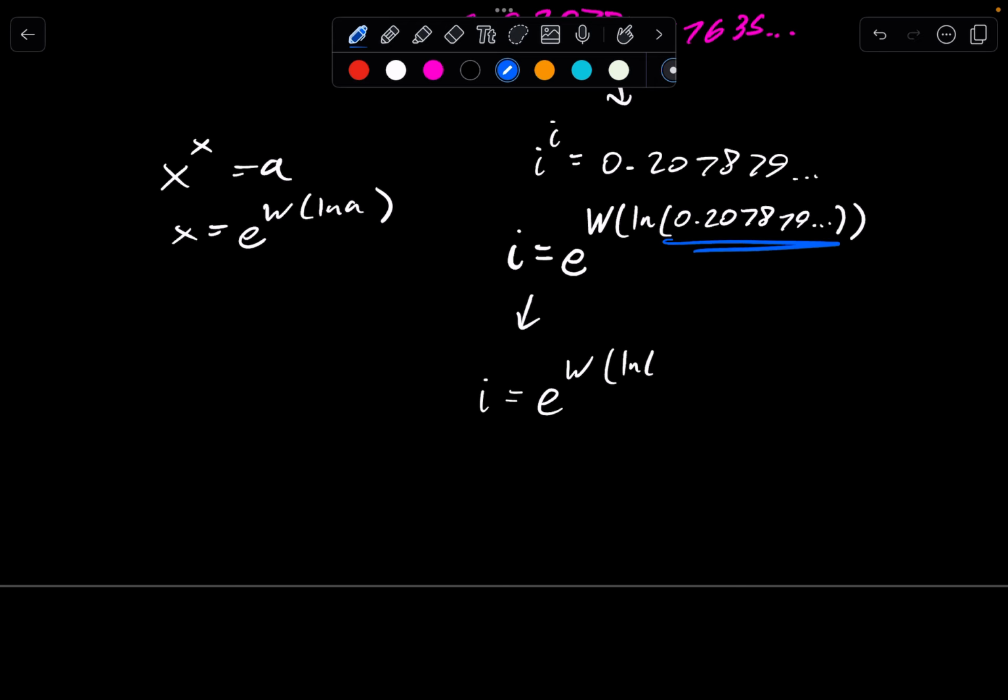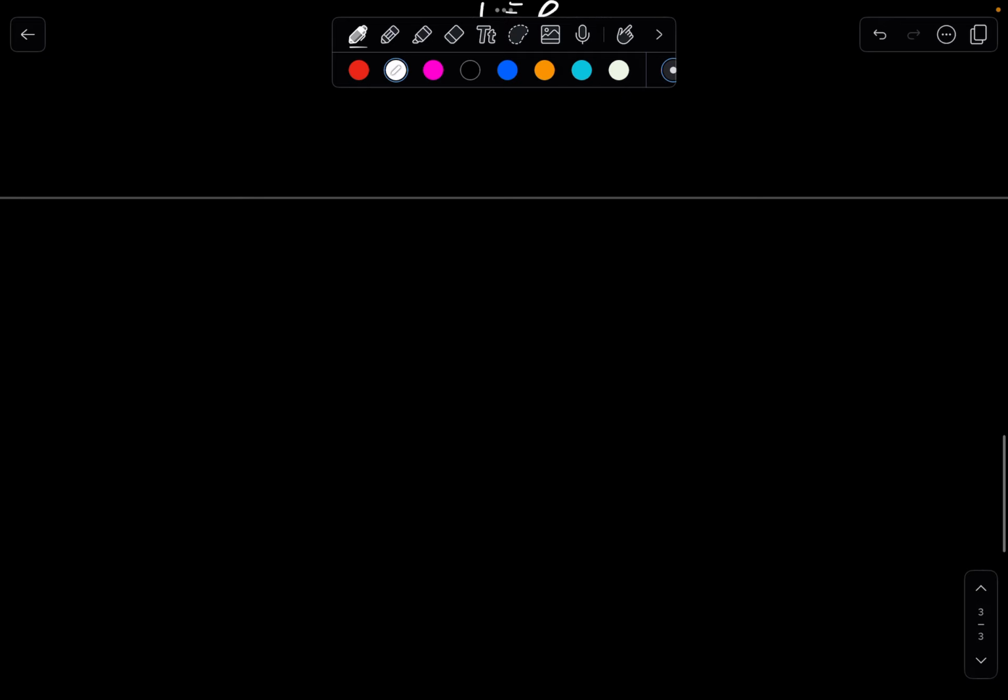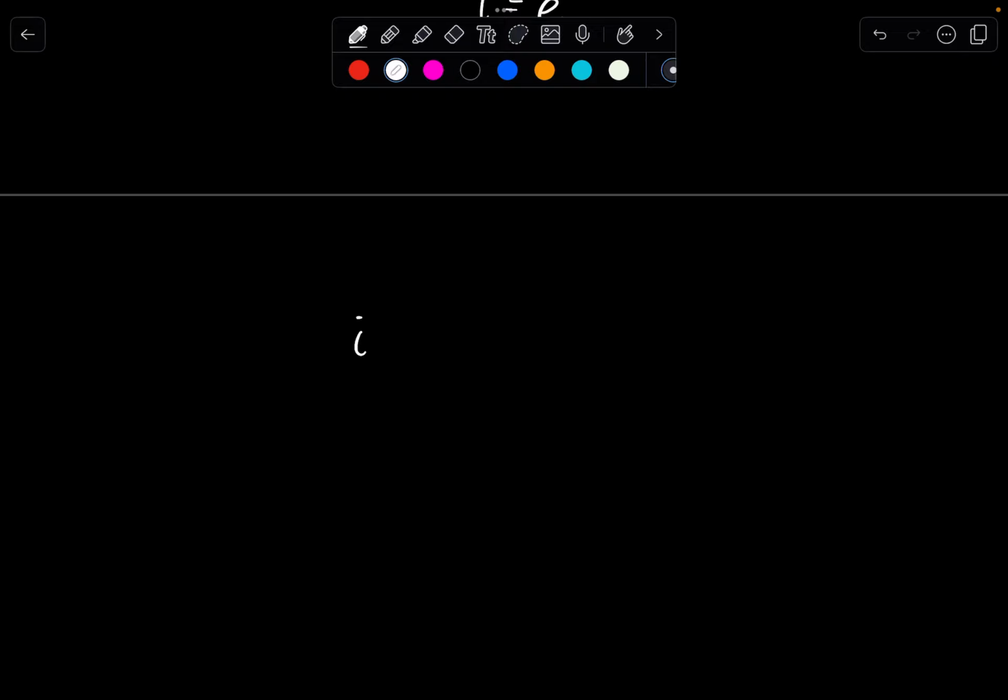This was i to the i to the i. And remember, with logarithms, we can bring this down as a coefficient. So, ladies and gentlemen, we have i is equal to e to the Lambert W of i ln of i.